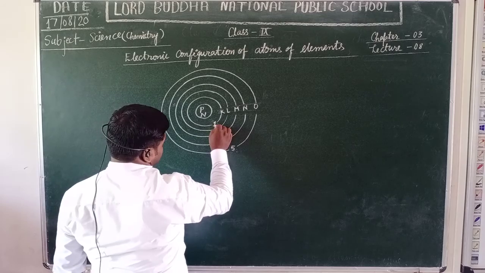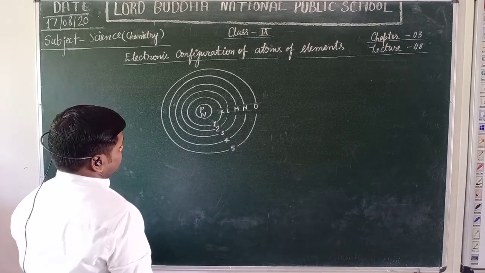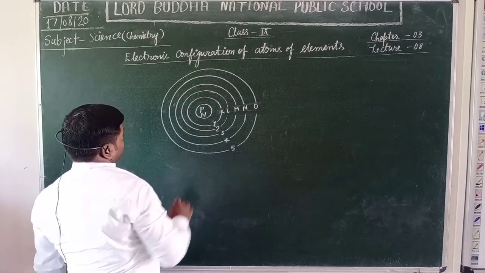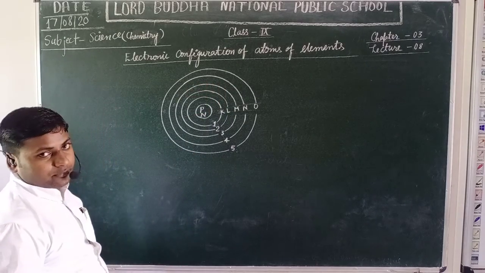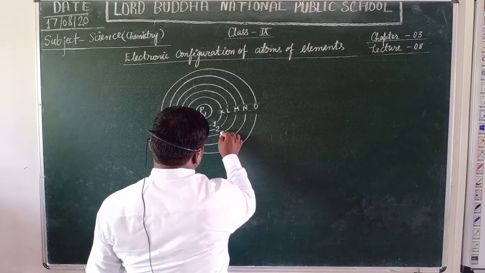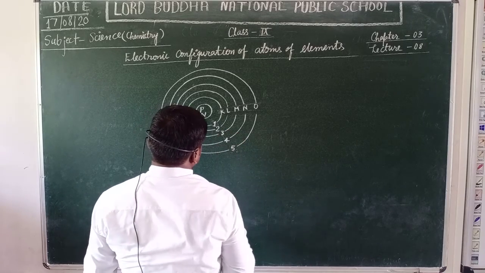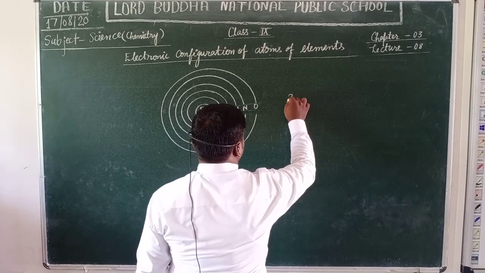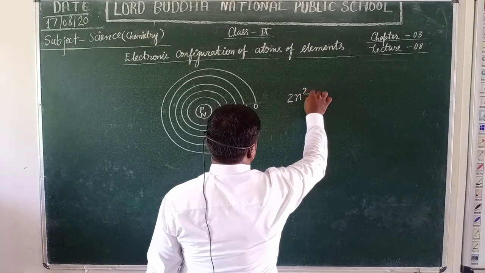These numbers are known as the principal quantum number. What? The principal quantum number. The principal quantum number is used in the Bohr-Bury scheme with the formula 2n square.